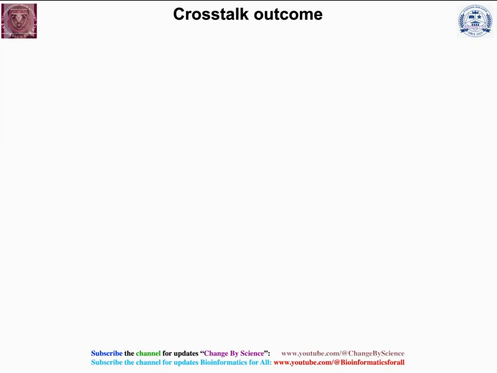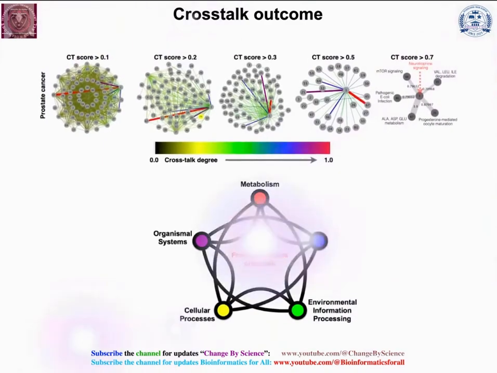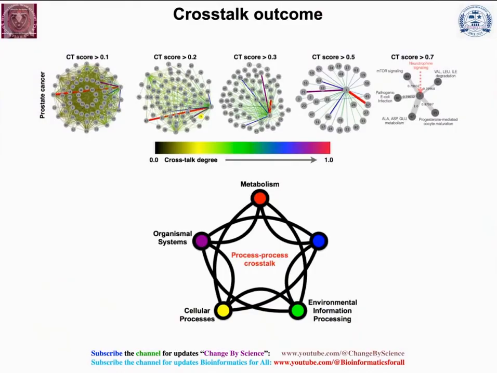So what the crosstalk outcome may look like when you are thinking about pathway crosstalk: this is just a sample example for different crosstalk degrees or scores. For example, if you apply the maximum score of 0.7, then you have fewer pathways interacting with each other.